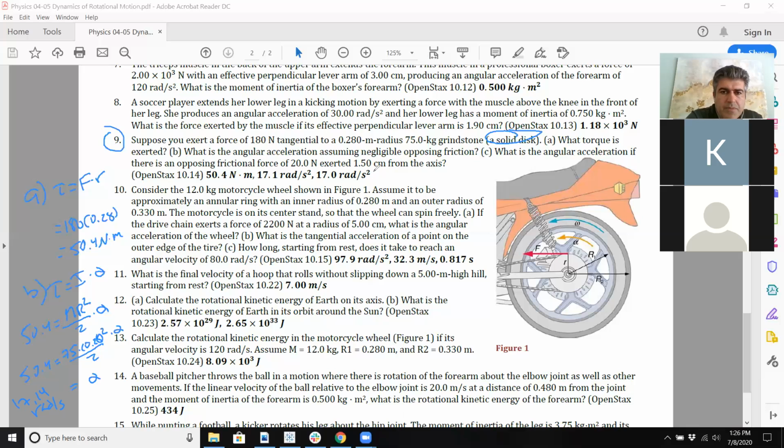The friction acts 1.5 centimeters from the axis, so that's 0.015 meters. I'm going to calculate that torque. Torque due to friction, tau F, is 20 newtons times 0.015 meters, which is 0.3.